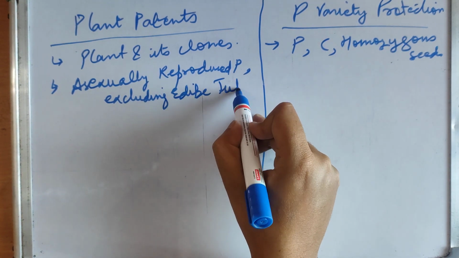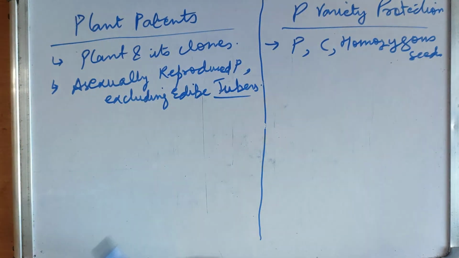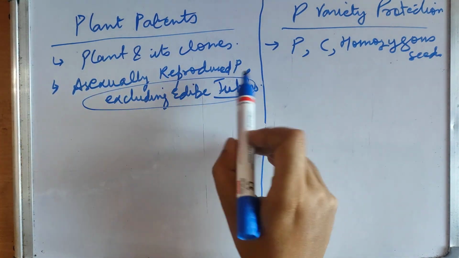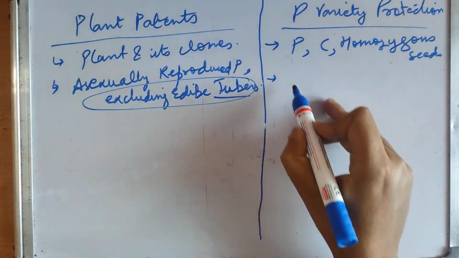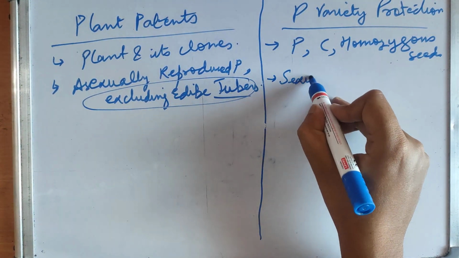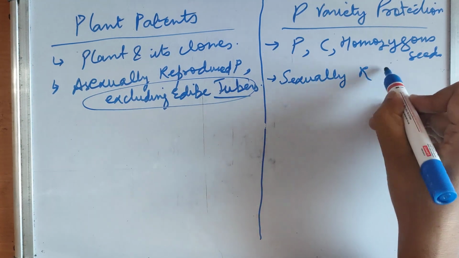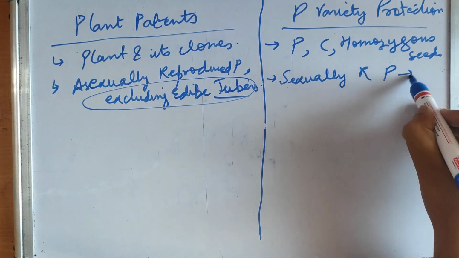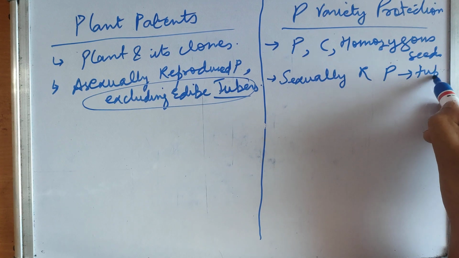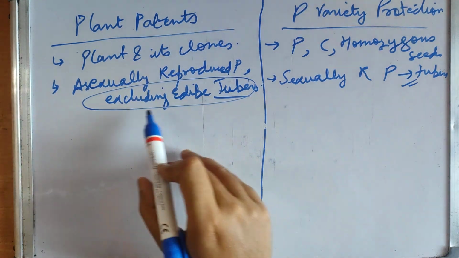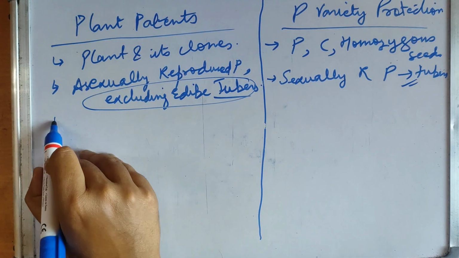Edible tubers, not timbers. So edible tubers are excluded there, but plant variety protection covers sexually reproduced plants along with tubers.